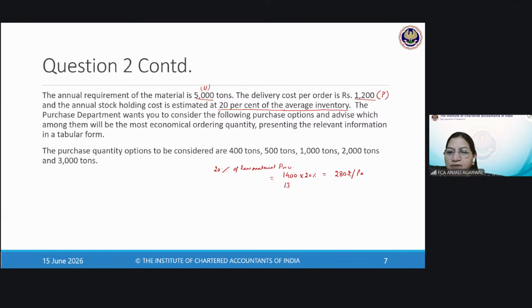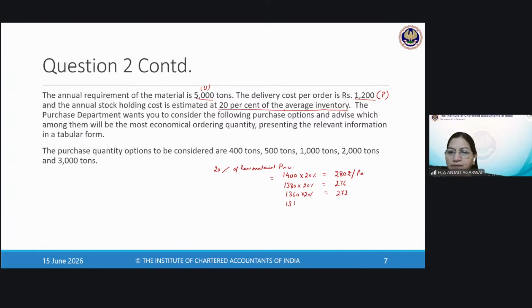However, if it is available for 1,380, this same figure will become 276. If it is available for 1,360, it will become 272. So every time there is a drop of 20 rupees in the raw material price, the holding cost will also drop by 4 rupees, 20% of 20 rupees.